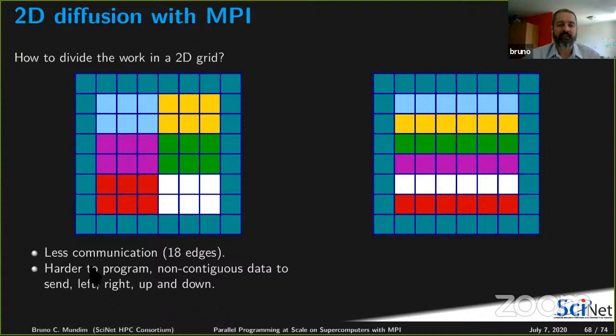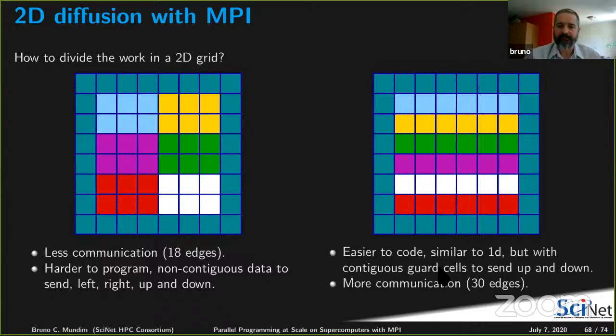So it's going to be faster to compute and faster to run than in this case here, which is analogous to 1D, but has more communication surface. So in your production code, you want to minimize the ratio of the surface to the volume of the number of grids, okay?